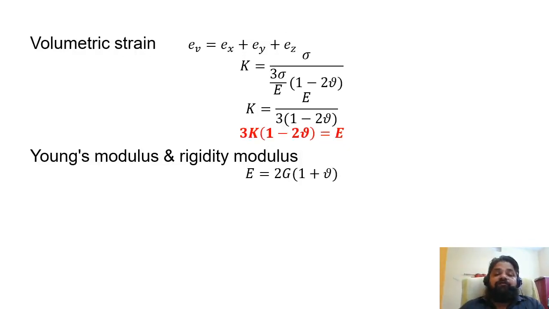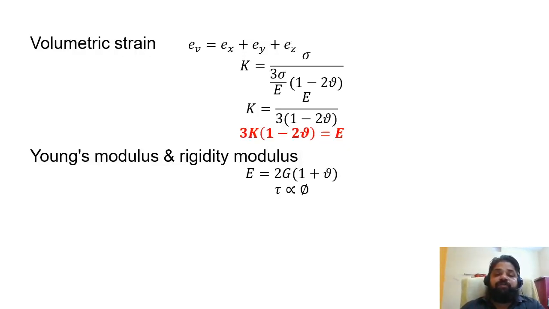And if I talk about this E is equal to 2G into 1 plus nu, it basically comes from our earlier knowledge. That means from Hooke's law, which says stress is directly proportional to the strain, either it is normal stress or it is shear stress. Correspondingly the shear stress is also proportional to the shear strain.